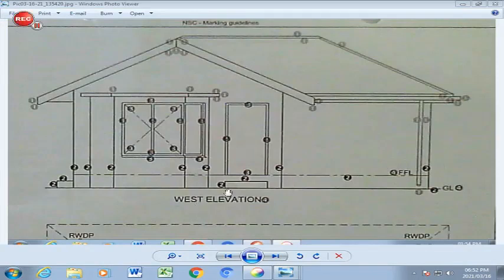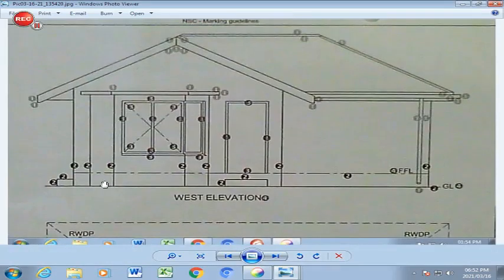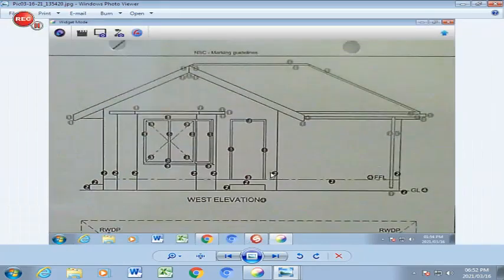Here you have your west elevation, and we take cognizance of the walls coming up from the side of the building, both sides, and this wall here, which is the part on the front edge.